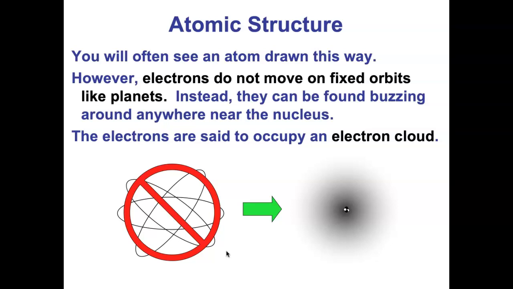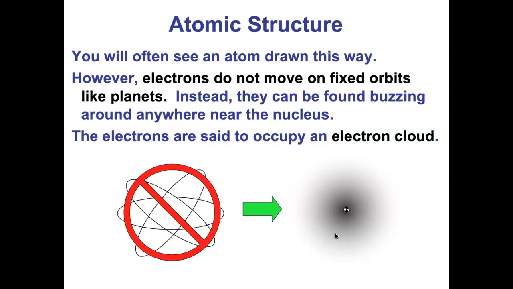It's a lot more realistic to think about electrons as being this fuzzy, diffuse electron cloud, where all the electrons are buzzing around in here somewhere, but you don't know exactly where, and you don't know exactly where they're moving at any given instant. It's statistical, right? You can say, well, probably the electrons are in here. But you can't pin down exactly where.